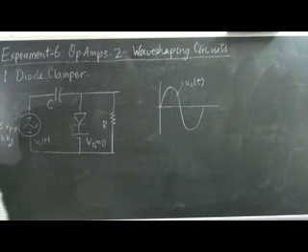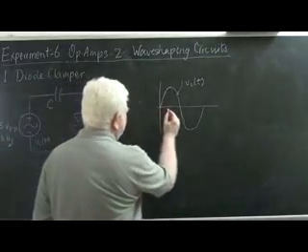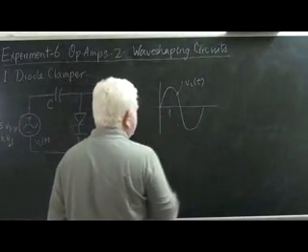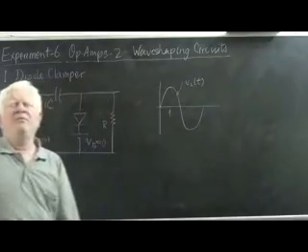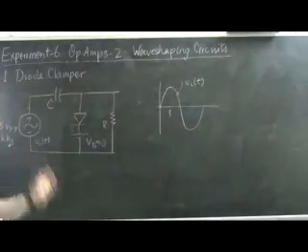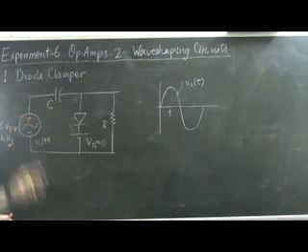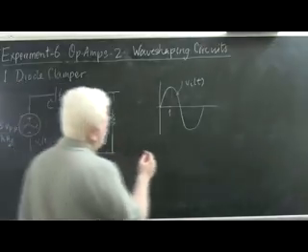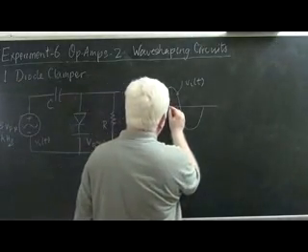In short, every point after this instant would show VO of t equal to Vi of t minus the fully charged capacitor voltage, which is 15 volts. You would therefore see at the output a waveform that goes down like this.